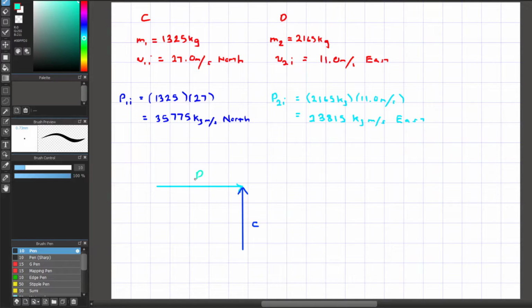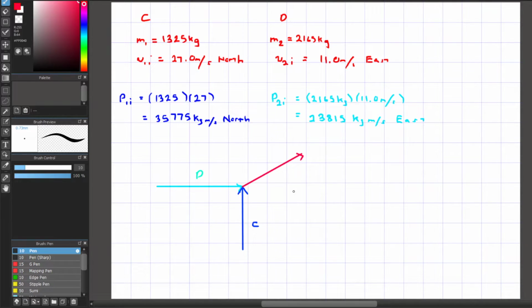Now what happens after the collision? Well, if one's going north and one's going east and they clash and stick together, they're going to produce a combined direction that looks like this. Our cars combined will look like this after they crash. They will go in a diagonal direction.